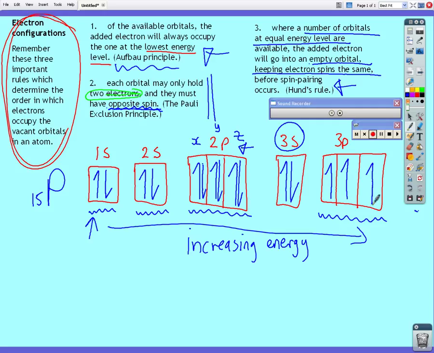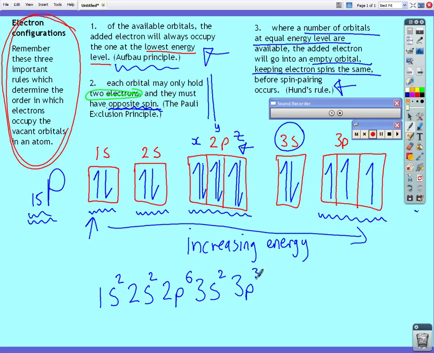Now we've got 15 electrons, so we've written out our electron configuration using electrons in boxes, and we can now write that out using spdf notation. We've got 1s2, 2s2, 2p6, 3s2, and 3p3.